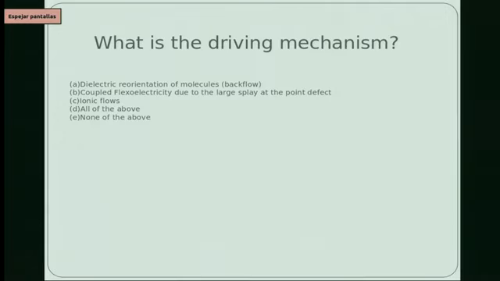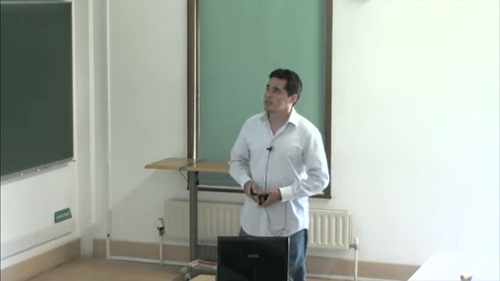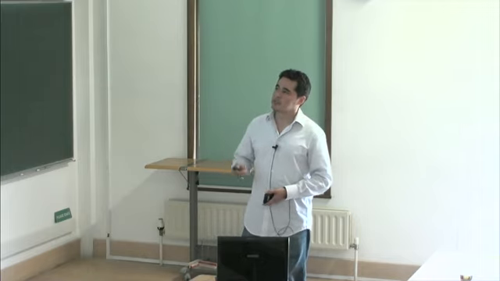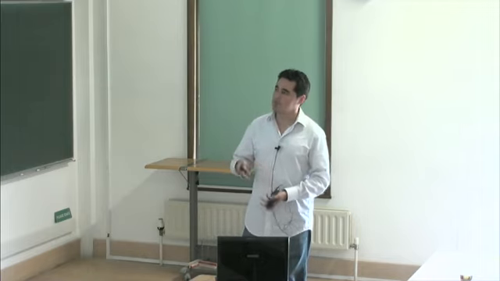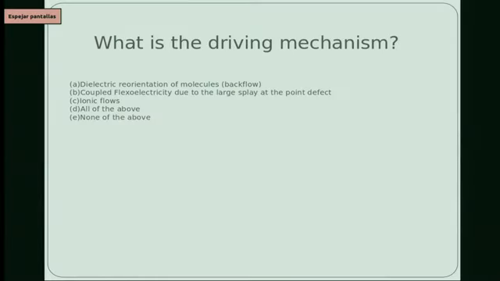So we want to answer this question: what is the driving mechanism responsible for this particle to move in a completely different direction from the electric field? Here is a summary of the possible mechanisms when we have a particle in the liquid crystal. The first would be the dielectric reorientation of molecules, because they are susceptible to the electric field, so they can create a backflow close to the hedgehog.